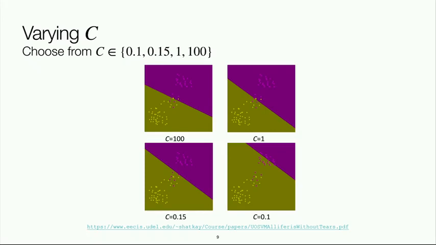Not necessarily if we have outliers, which we might actually want to ignore using some smaller value of C. The general way that we try to set C or any hyperparameter is through a process we call validation, where we hold out some data that we then use to figure out what the best C is. But we haven't actually gotten there in this class yet. We're not going to talk about that for another, I think, 2 weeks.